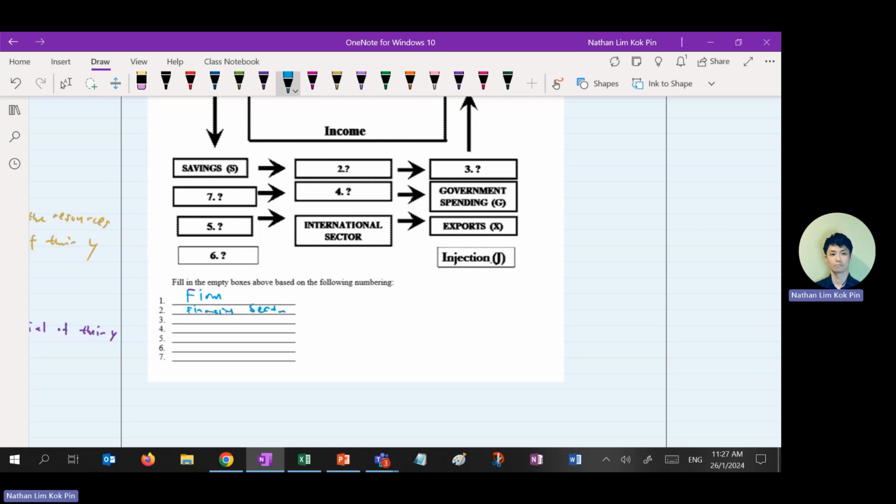Third one, investment. Yeah, I trust you all, I didn't check. Number 4. Well, this one we just simply put the numbers. Also, people do it wrongly. Some people go and put savings or whatever. Okay. 5. What is imports? 6. Withdrawal or leakage. Last one, 7.